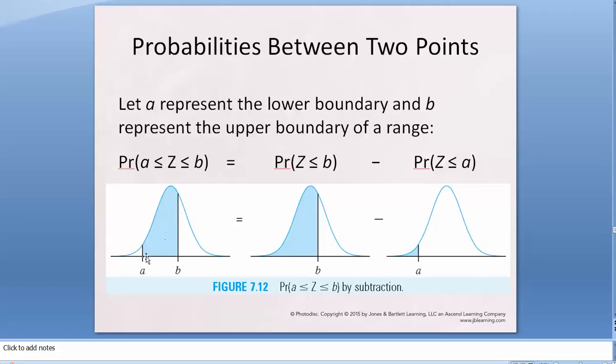Because z equal to b will be all the way from negative infinity up to here, and z equal to a will be only this part. So you subtract the smaller part from the larger one to get the part in between. That's pretty much what you need to do if you have a range like this.